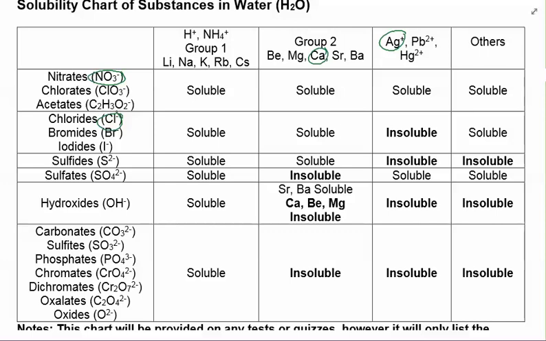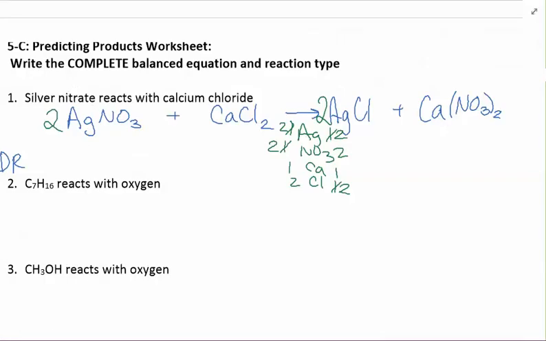So we formed, we're going to change to red, calcium nitrate, which is soluble, and silver chloride, which is insoluble. So we have formed silver chloride. So as I said, we have an aqueous, solid, and aqueous.